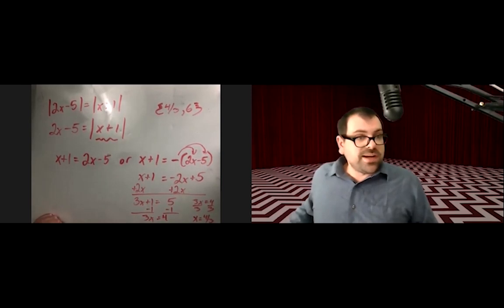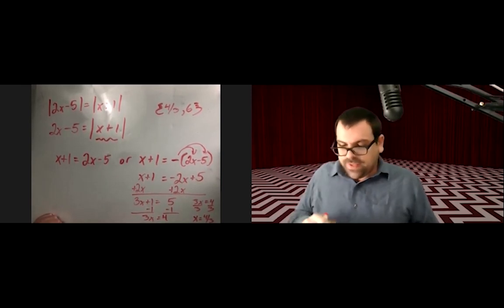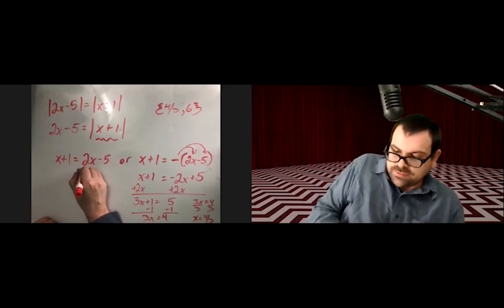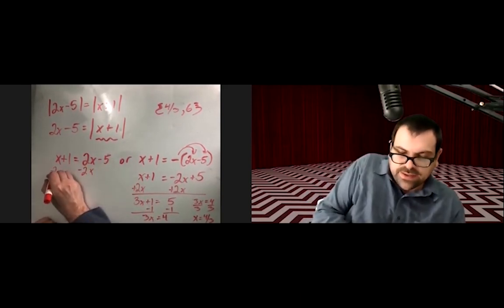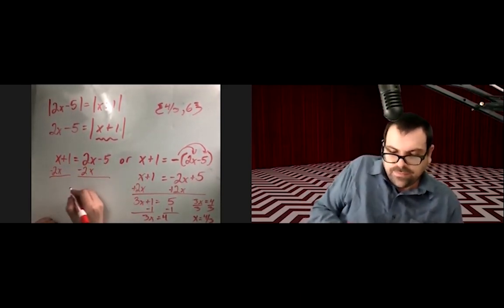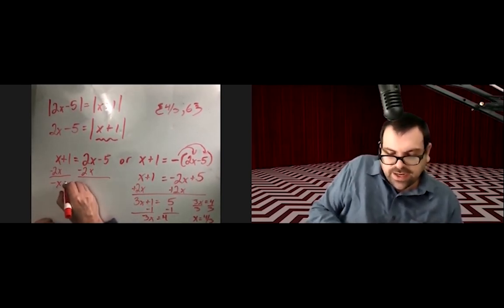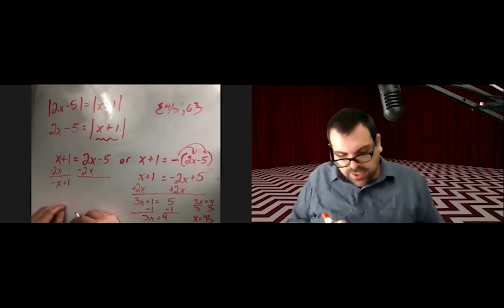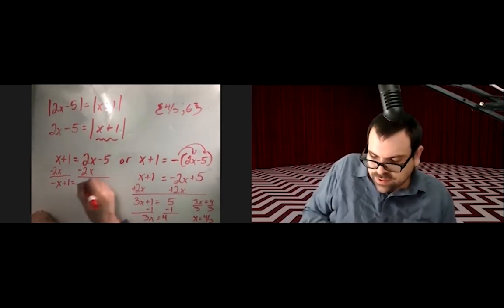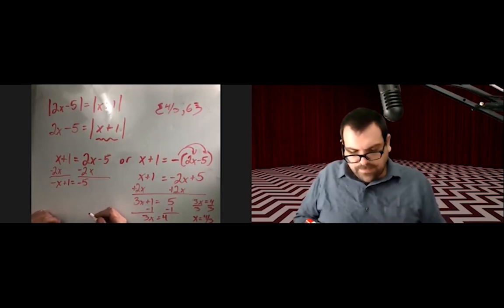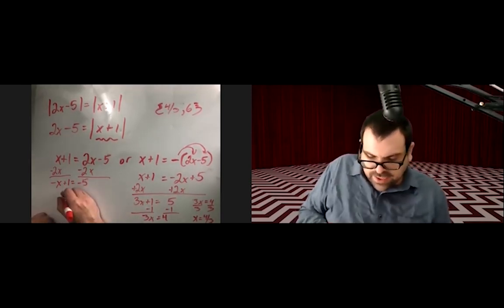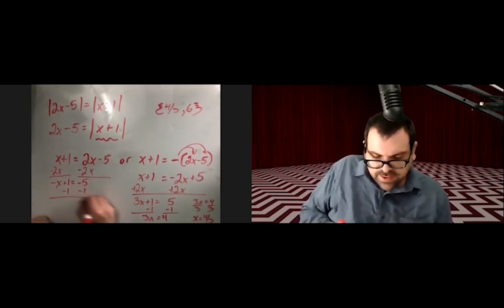Sorry, that's in the corner down there. This one's shorter. Subtract 2x from both sides. x minus 2x is negative 1x, or negative x, plus 1 equals negative 5. Subtract 1 from both sides.